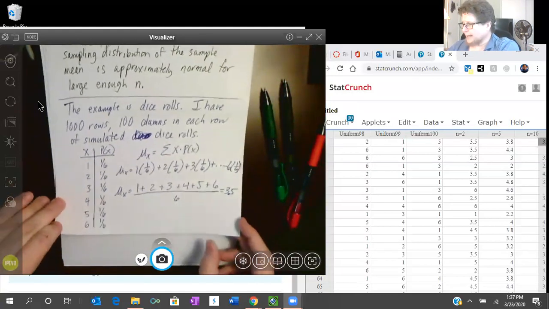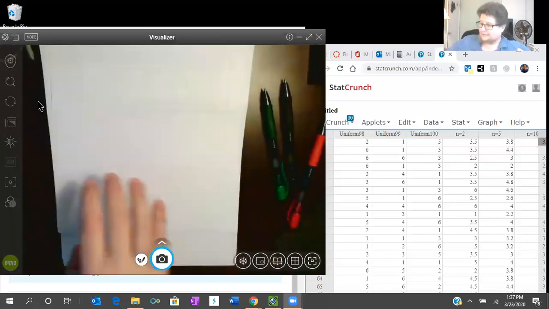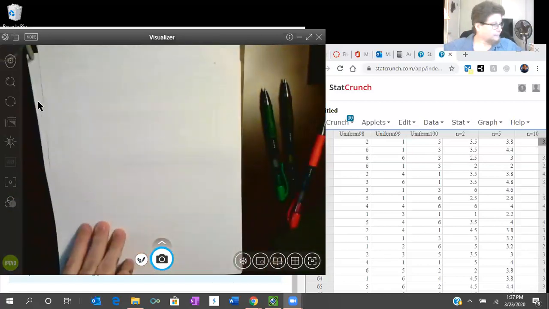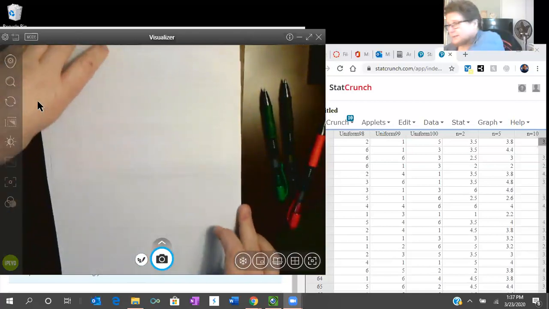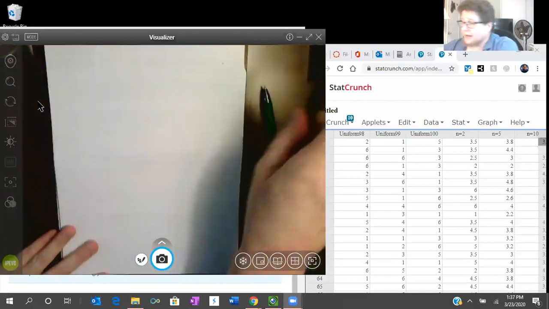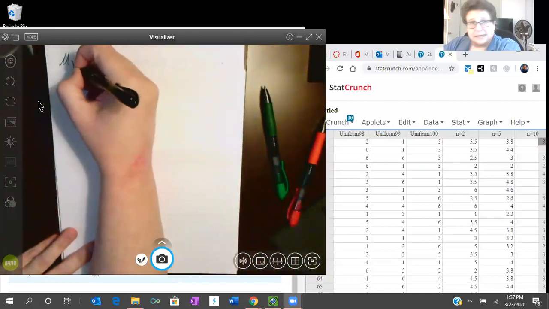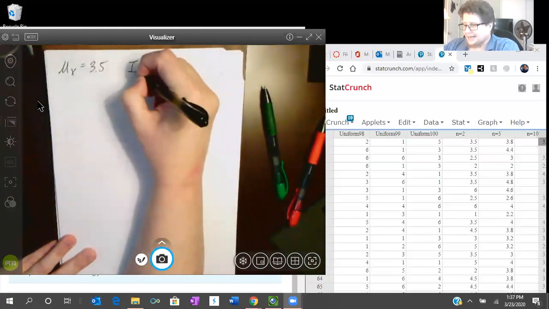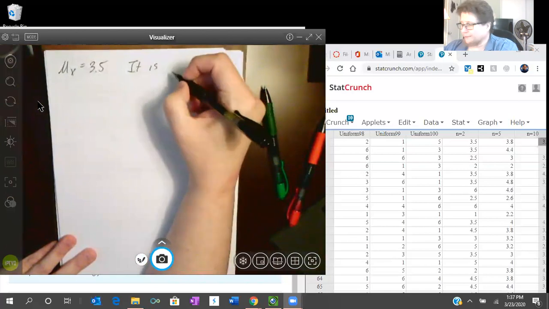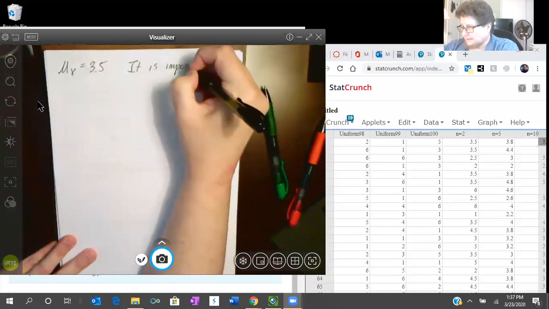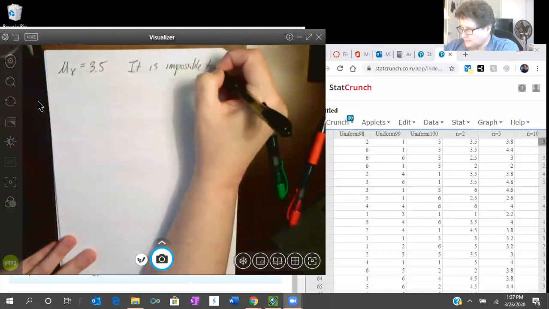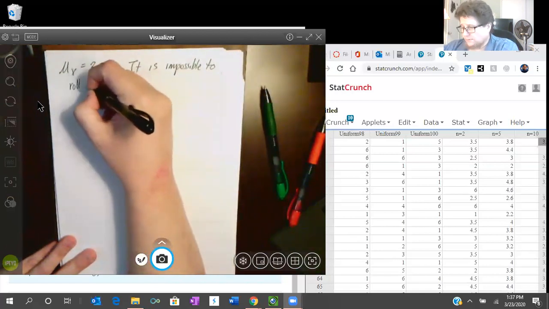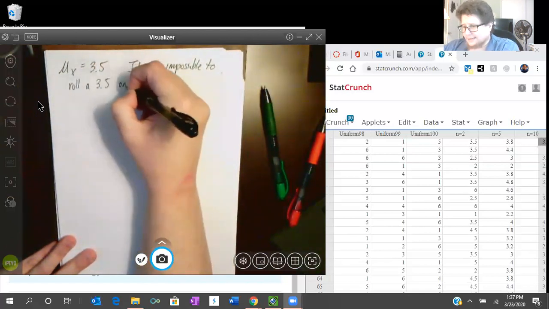Now, I do want to point out, let me bring this back down. Hopefully you paused and wrote what you needed. We had mu of X equaled 3.5. It is impossible to roll a 3.5 on a 6-sided dice.